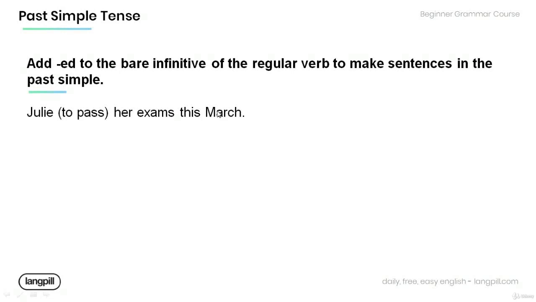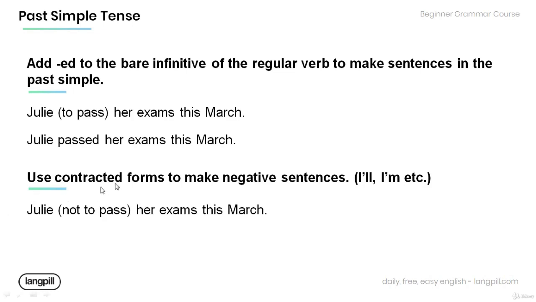Now let's review and practice a bit. Read the following sentence and add ed to the bare infinitive of the regular verb to make sentences in the past simple. Julie to pass her exam this March. Julie passed her exam this March.